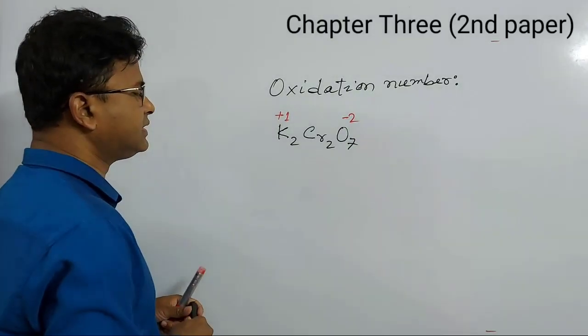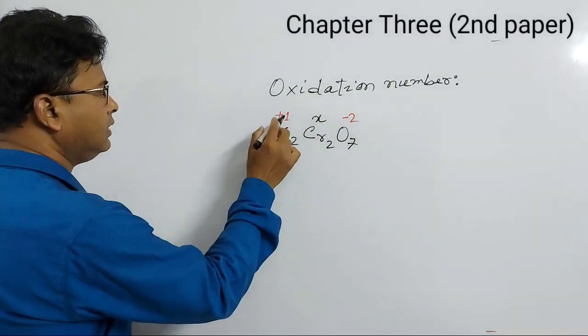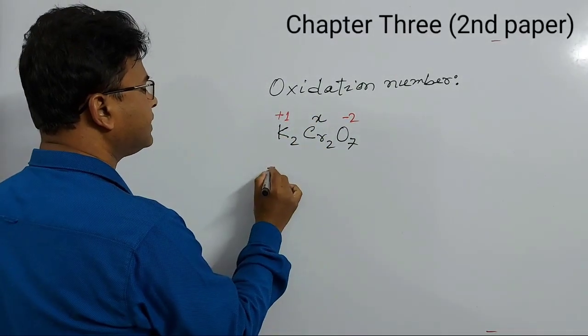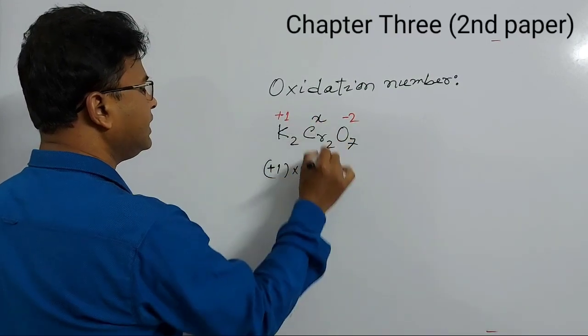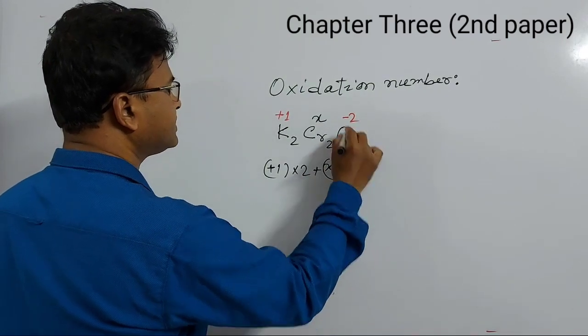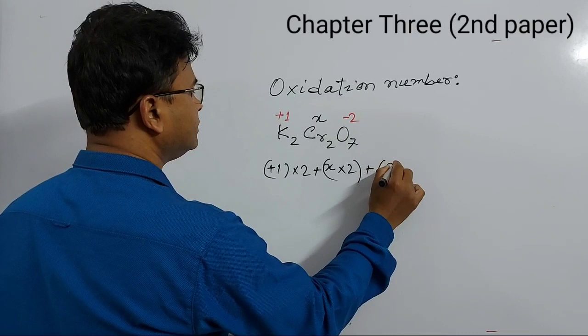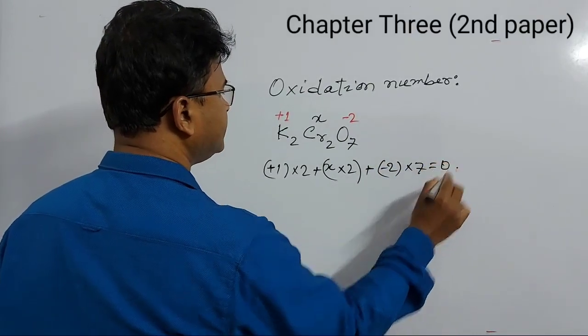Let the oxidation number of chromium be x. So, I can write here +1 into 2 plus x into 2 plus -2 into 7 is equal to 0.